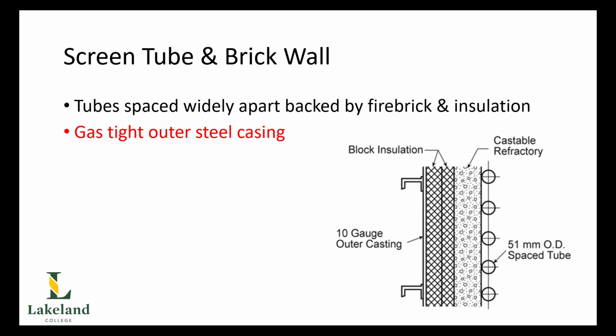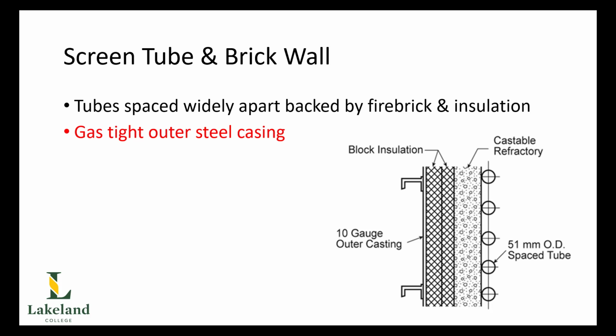And this is the one that figure 4 refers to on page 5 of your textbook. Now in this example, we can see that the tubes are fairly widely spaced apart. So obviously, as there are no connections in between the tubes, this is not going to be gas tight on the actual water wall. What will be gas tight, however, providing our gas tight seal, is the outer casing.